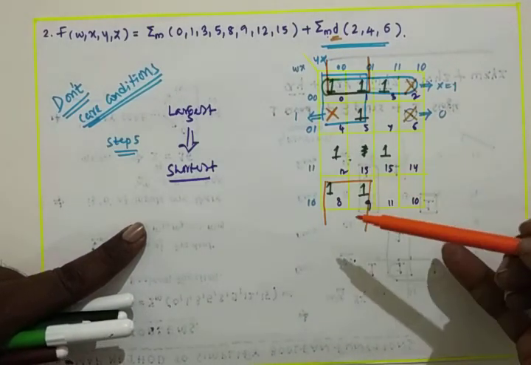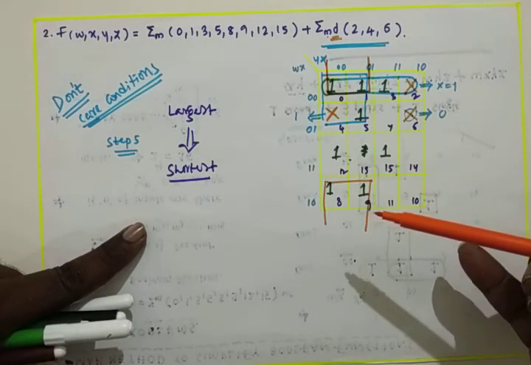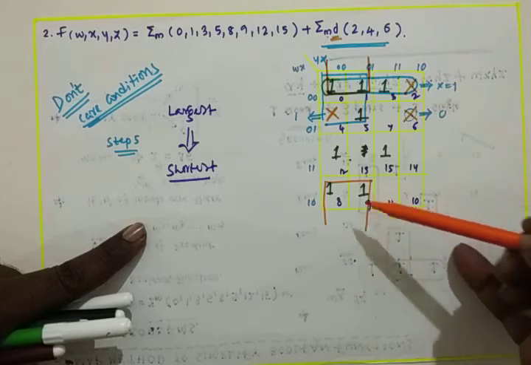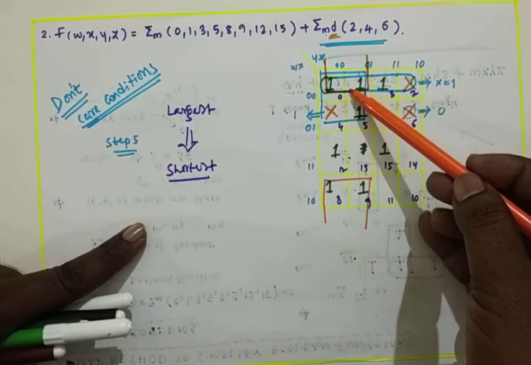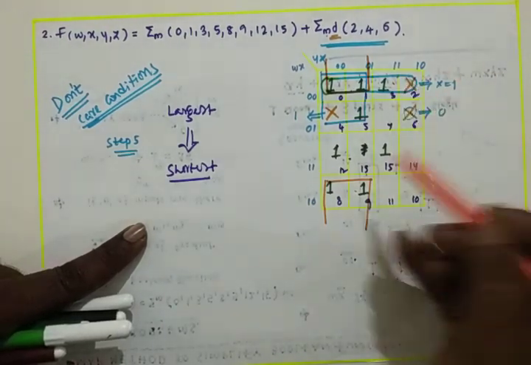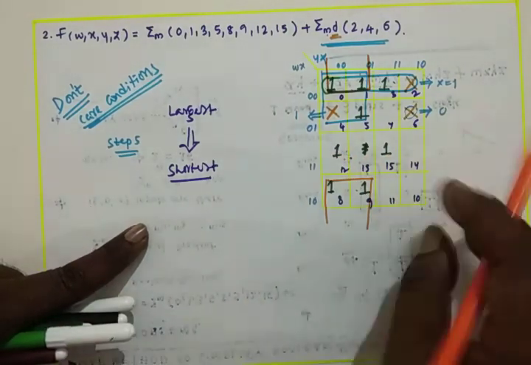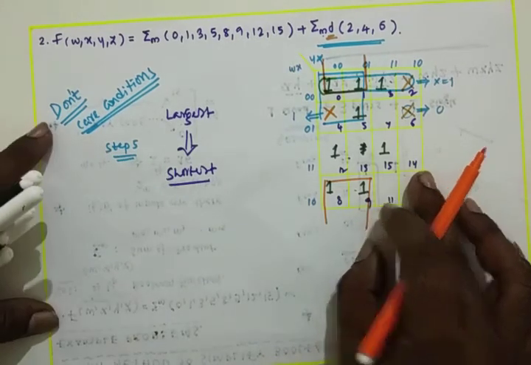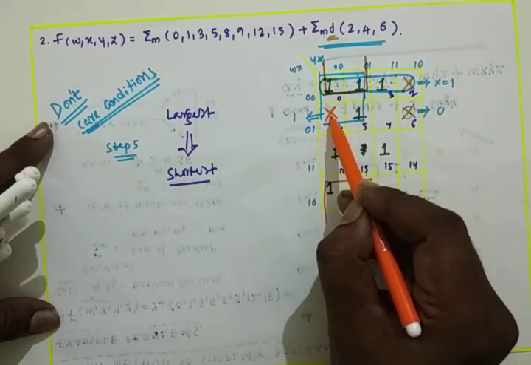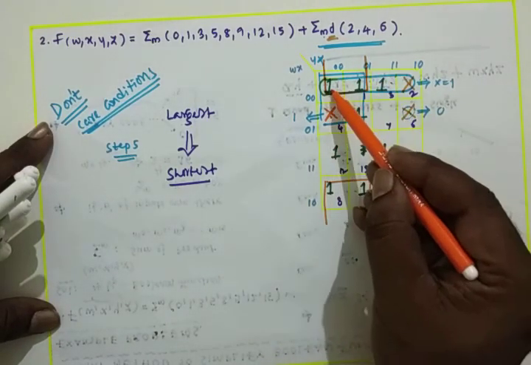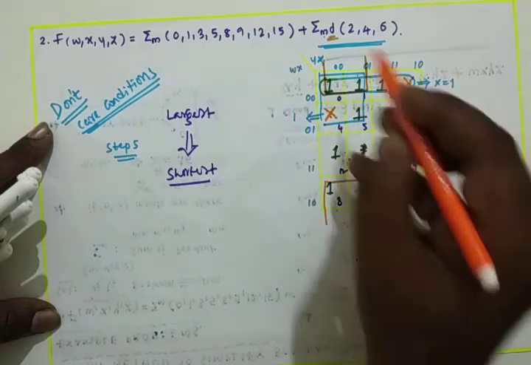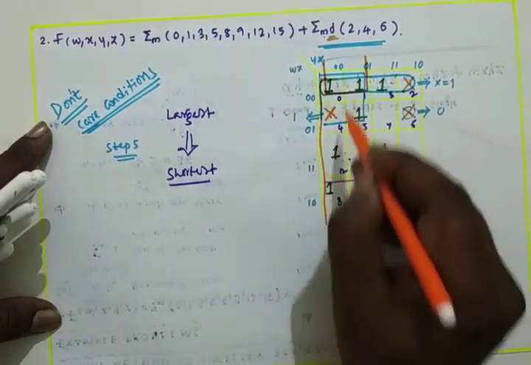A quad is nothing but a group with 4 adjacent ones. This is 1, 2 and 3 quads. Again we have the 1 and 1 also. And here one more point you can consider, by assuming this is 1, now we have 1 1 1 and 1, so this is also one quad.